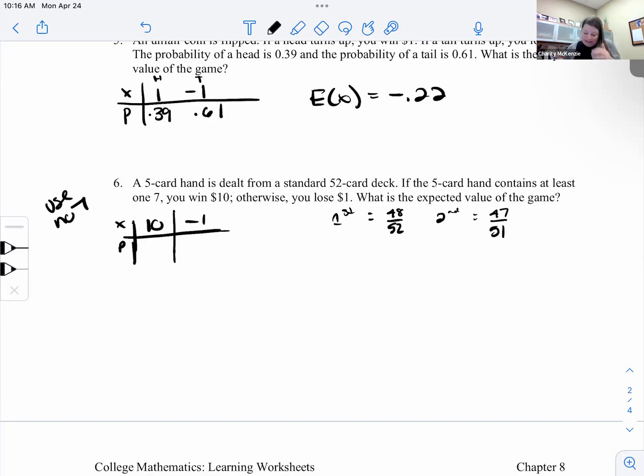So one less of each all the way down. The third one would then be 46 out of 50, the fourth 45 out of 49, and the fifth 44 out of 48. Did I go down right? 44.